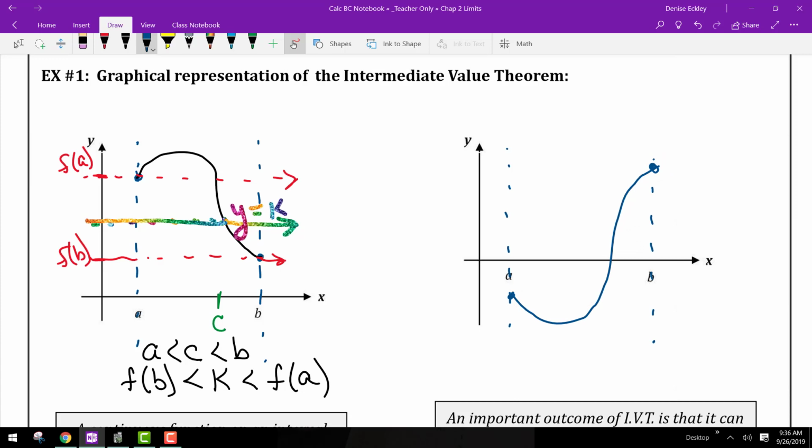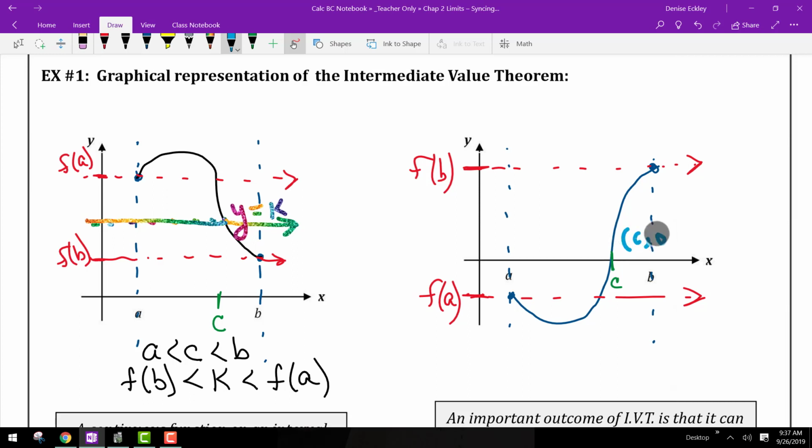Here is our f of a, and here is our f of b. And I am going to call the point where the graph crosses the x-axis, where x equals c, the point C, comma, 0 right there, because it's on the x-axis.